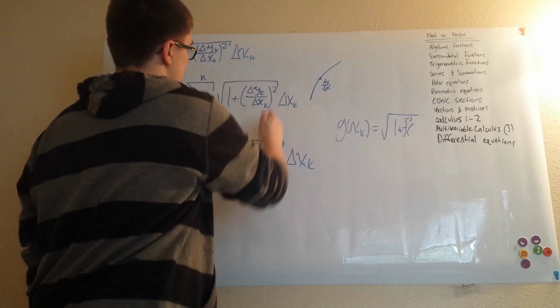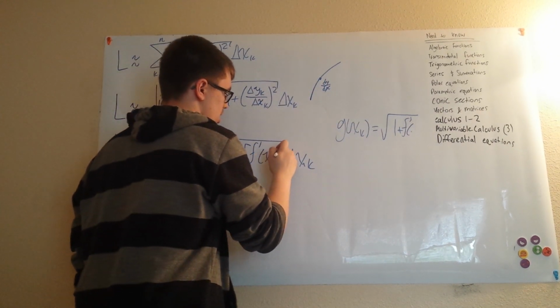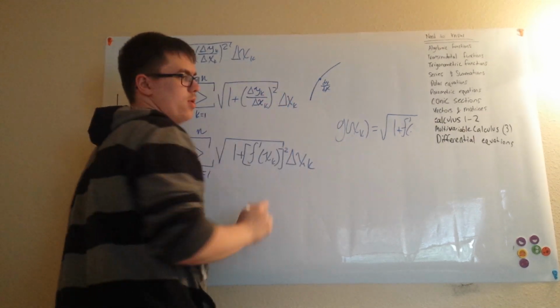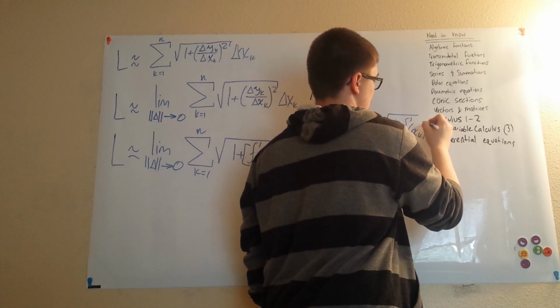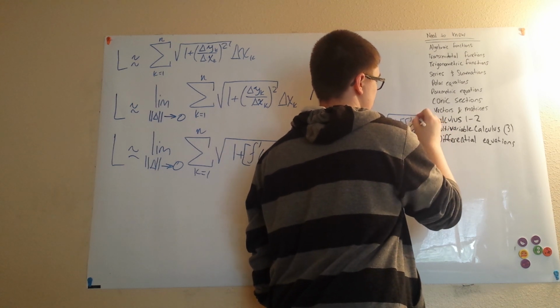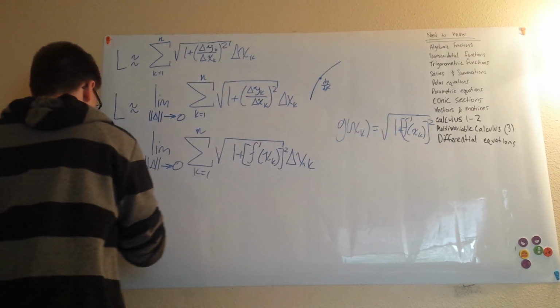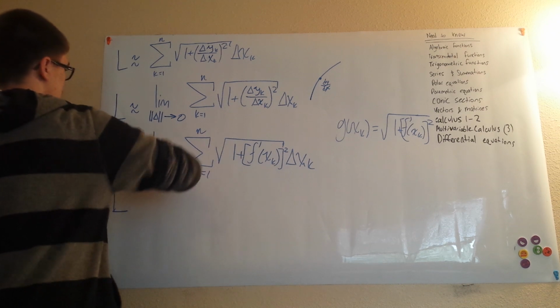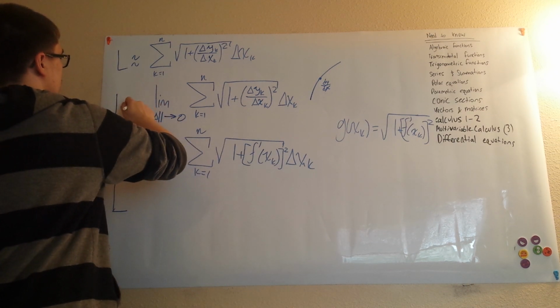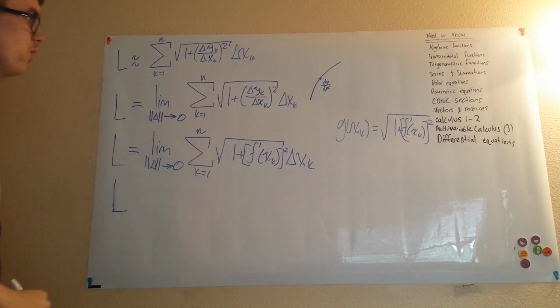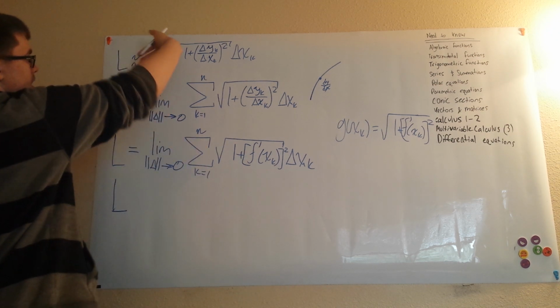Oh, it's dy dx squared. That's right, squared. If it's f prime of x sub k squared, just let that be. We can change this. From now on, this is equal to. That's approximate, that's equal.